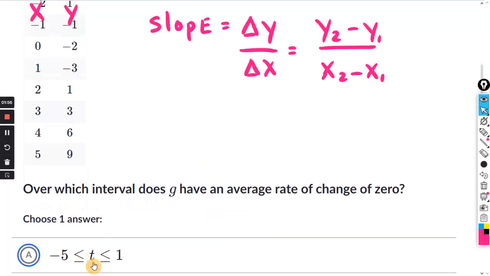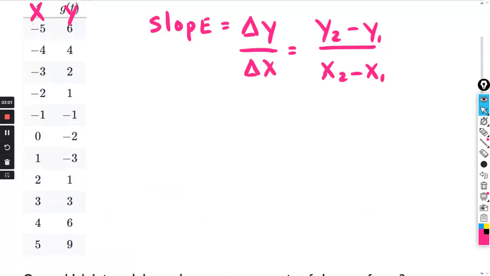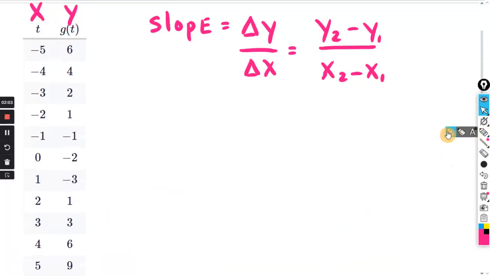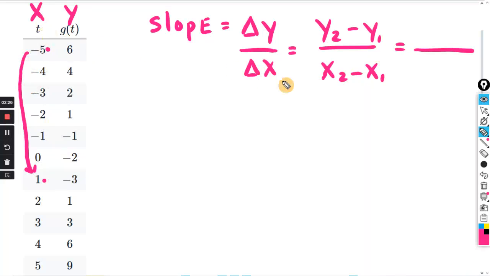So let's check. t is between -5 and 1. If we go on the t from -5 to 1, we can use that in the slope formula. Make sure you subtract in the same order. On the denominator, -5 minus 1, because that's your x.